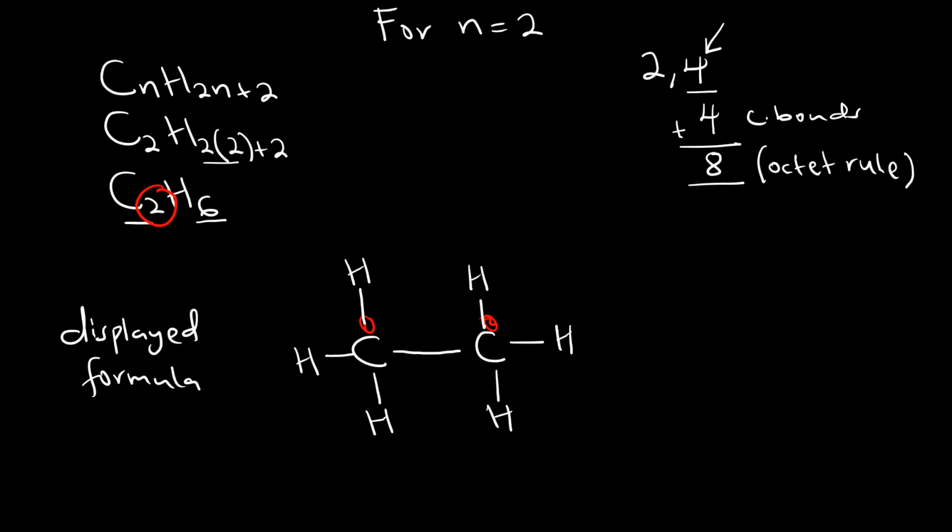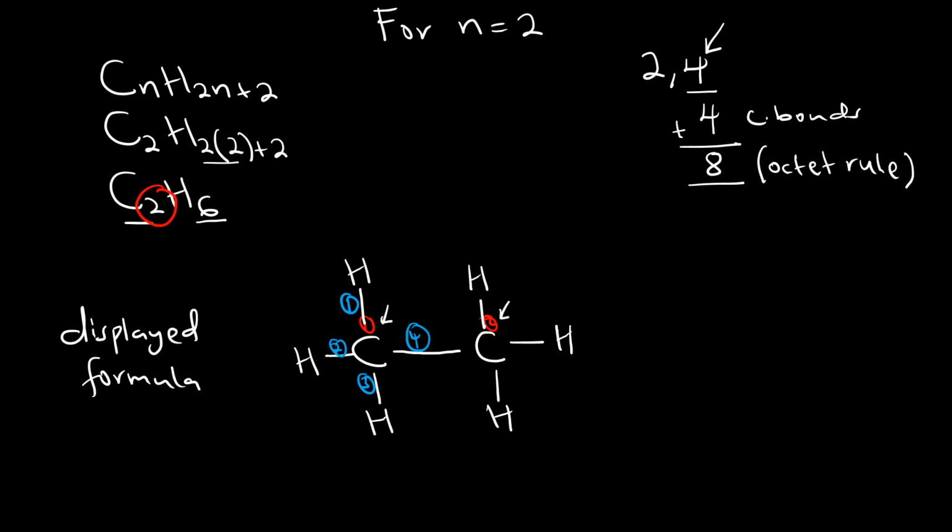So this is carbon atom 1 and this is carbon atom 2, each of them having 4 covalent bonds. Let's look at carbon atom 1. This is 1 bond, this is 2, this is 3, and that is 4. So this is the displayed formula.